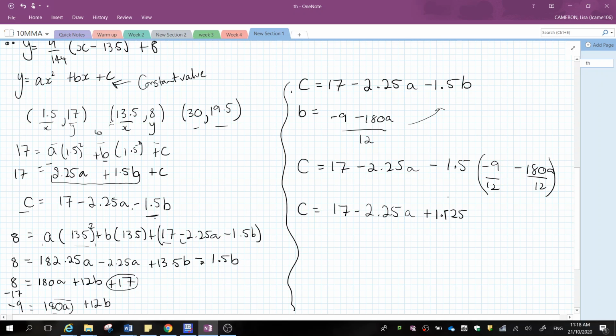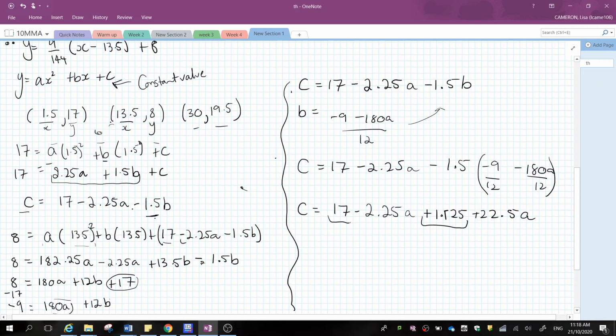Then I'm going to do negative 180 divided by 12, times that answer by negative 1.5, which gives me plus 22.5A. Okay, and now I'm going to group my like terms.